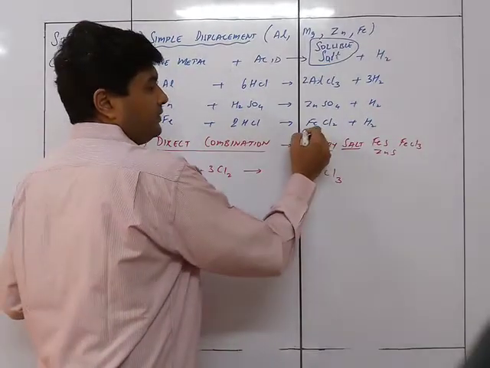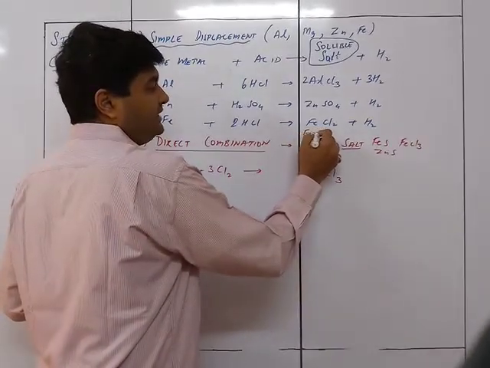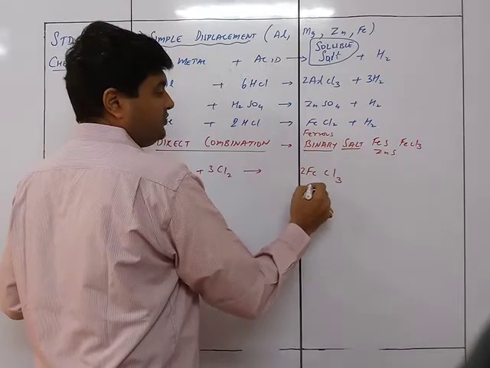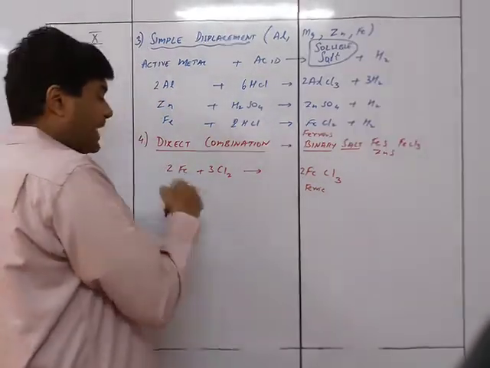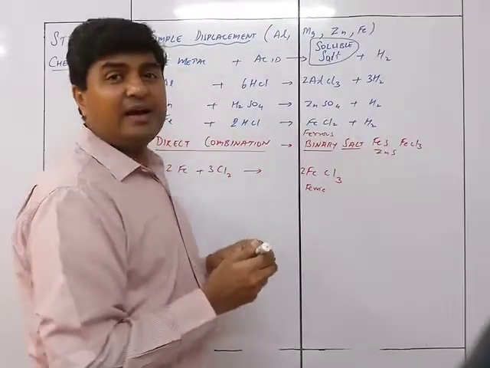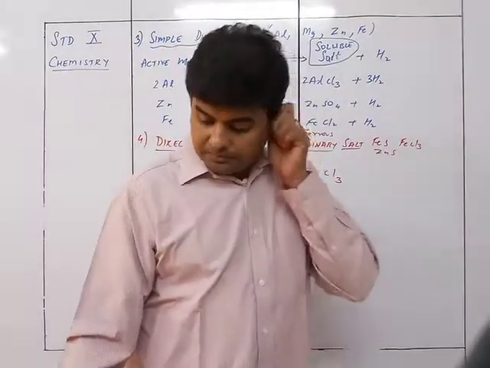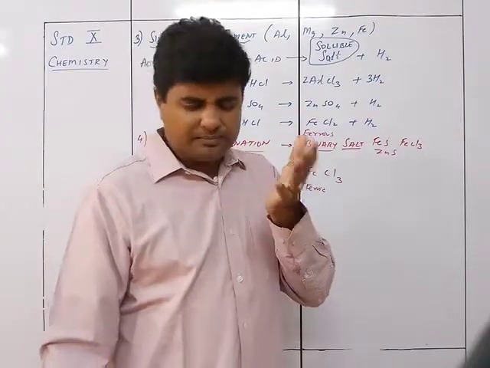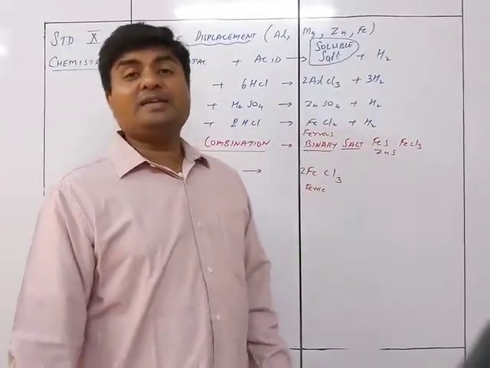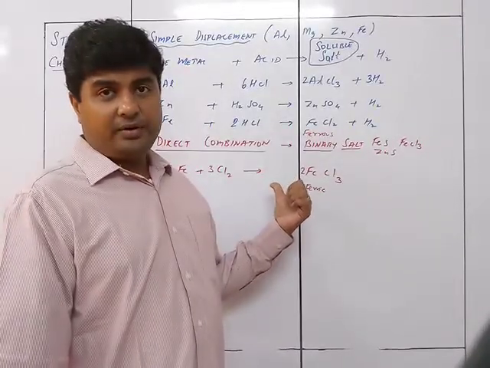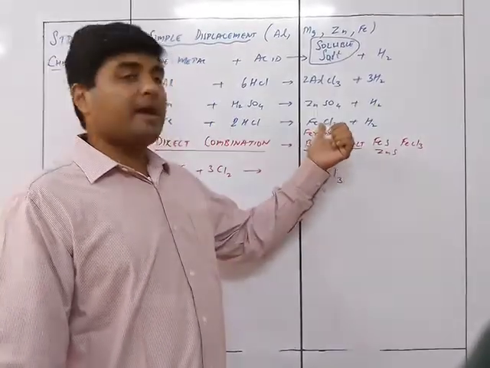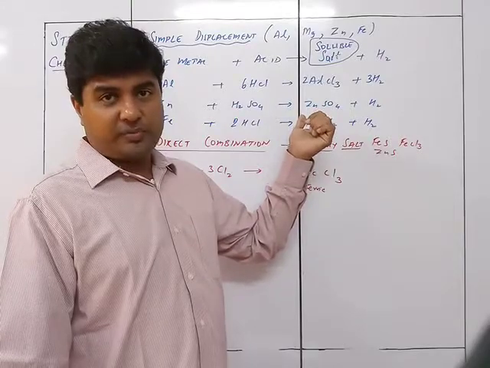So remember this: this is ferrous, this is ferric. Ferric, the higher valency kind of salts, can be formed by direct combination, whereas the lower can be formed by simple displacement.